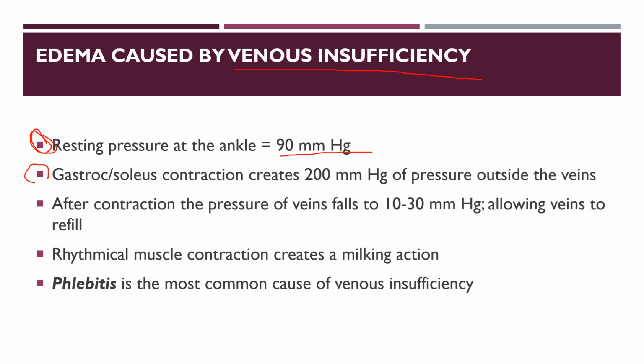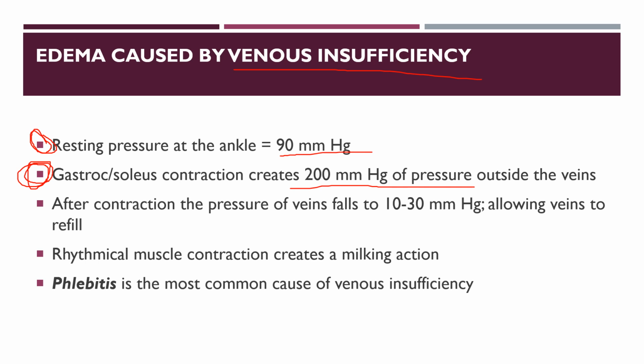But whenever we are actively pumping our ankles using our gastroc and our soleus, you can see that this creates a much larger pressure. So 200 millimeters of mercury of pressure outside the veins. That's really going to limit the amount of hydrostatic pressure pushing that fluid into that interstitial space.